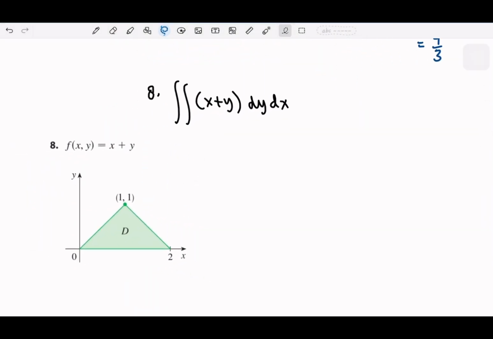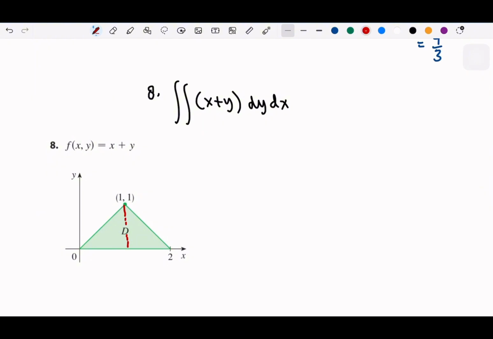Now, if we want to start from x equal 0, it could be, but I think it's better to take this into two triangles like that.